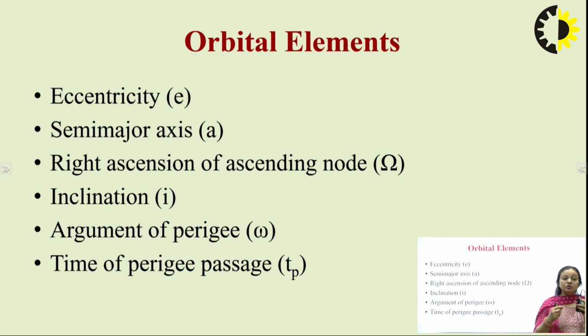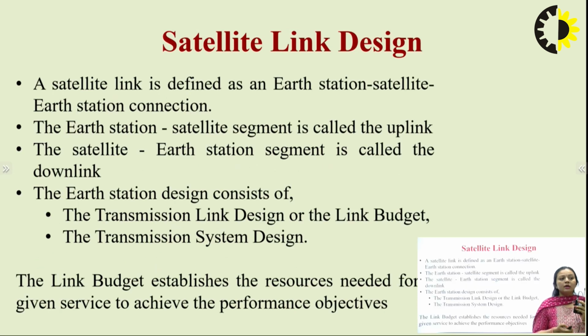But if it is pointed at some other Earth station, I will not have a proper link. So to establish a proper link, the first thing necessary is knowledge of these orbital elements, which we have already discussed. Now I'll start with the satellite link design.